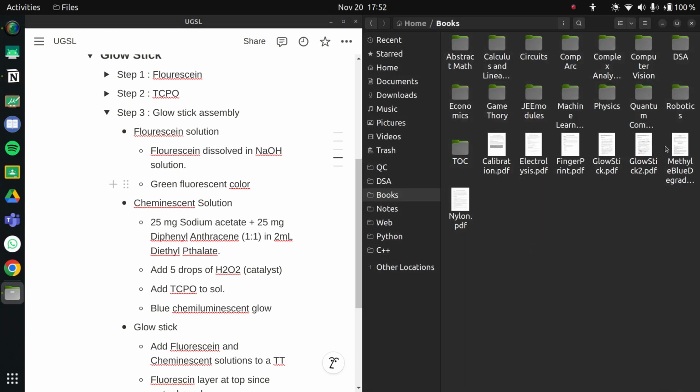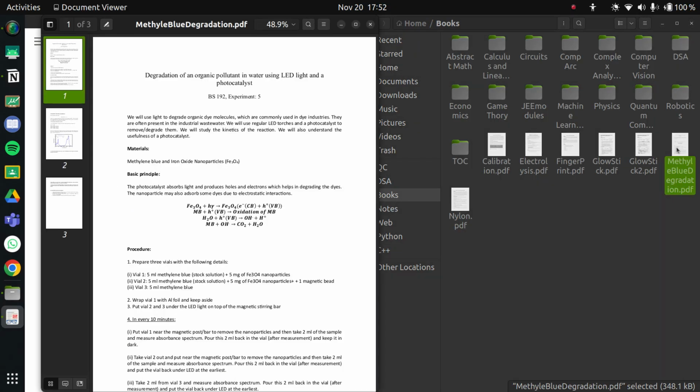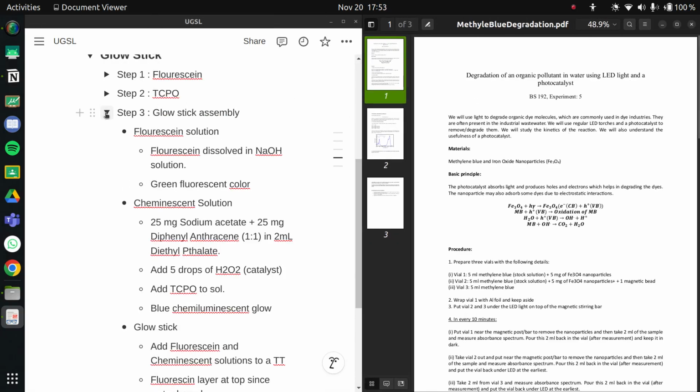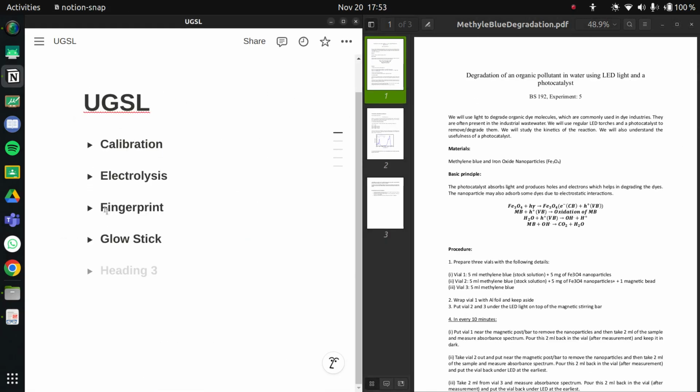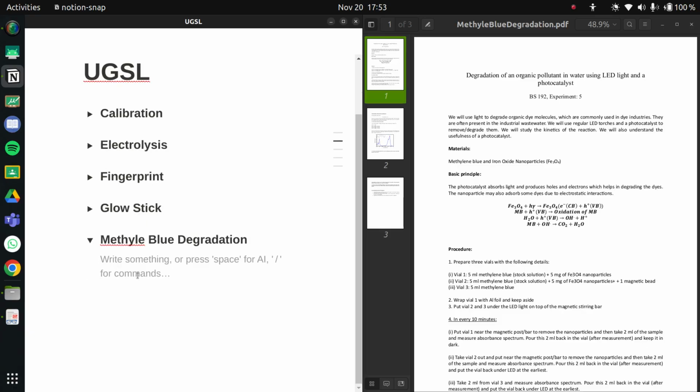Very cool. Then we're gonna go to methyl blue degradation, sorry. This also has 3 pages. What the hell?